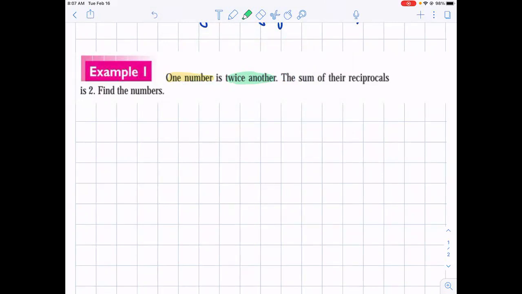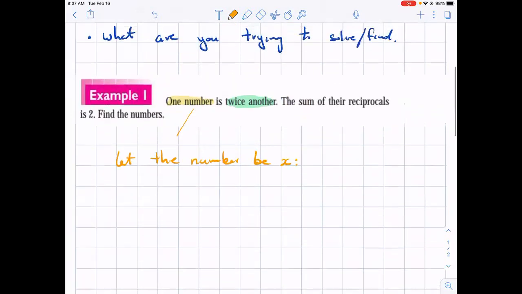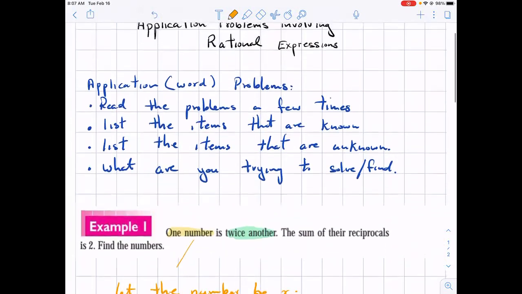So one number, let's call this one number here, let's call it x. So let the number be x.